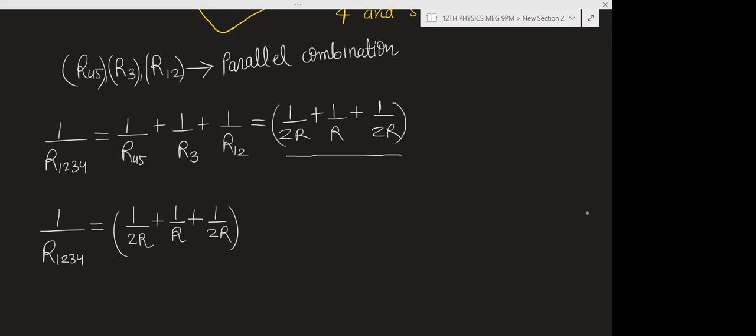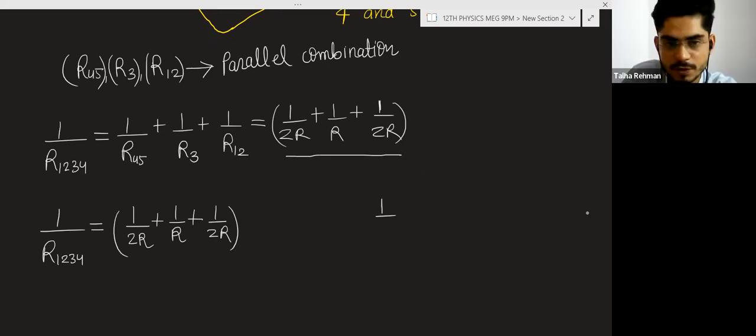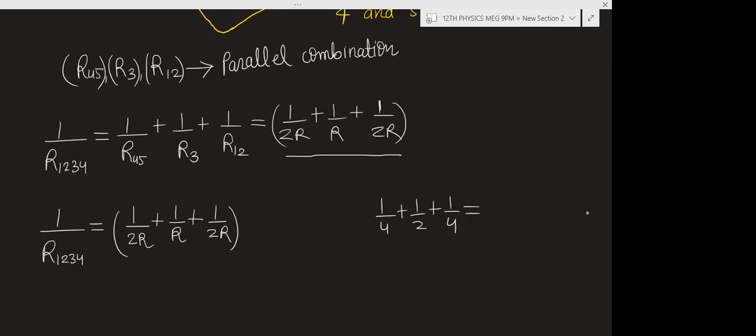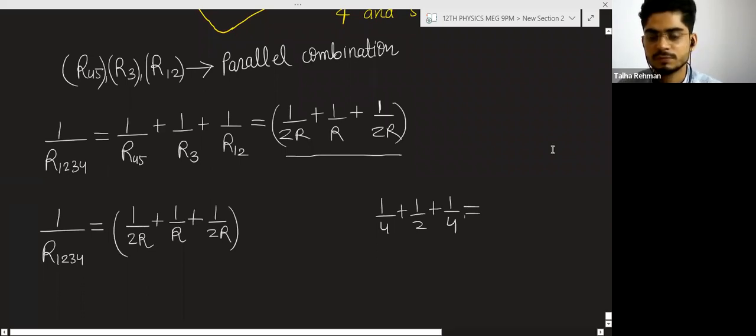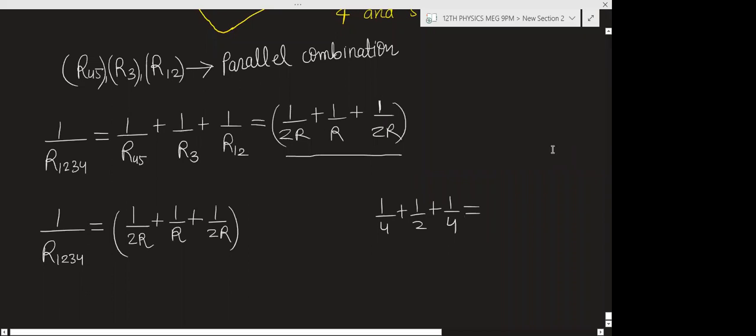Hamza, can you solve this, 1 upon 4 plus 1 upon 2 plus 1 upon 4? What is the answer? So first try this, then we will solve this. The answer is hidden here. Sir, it's one.